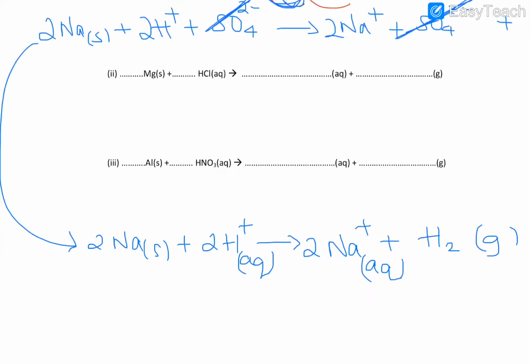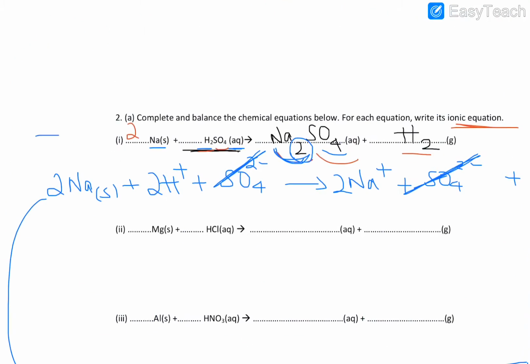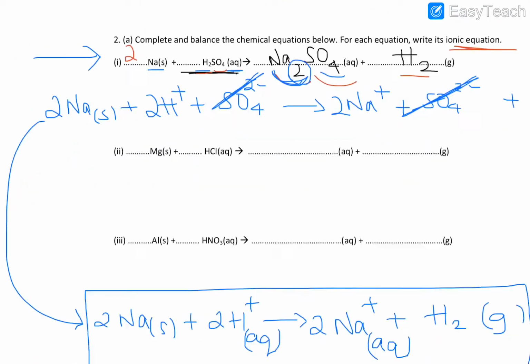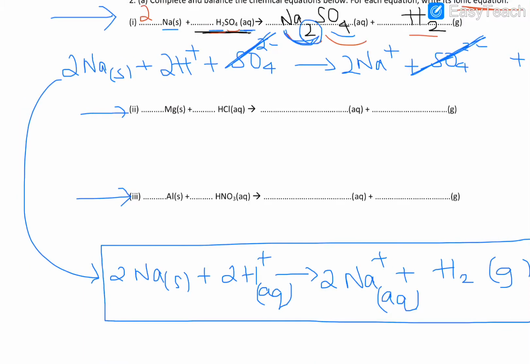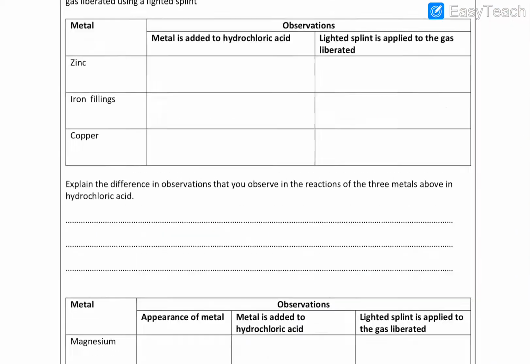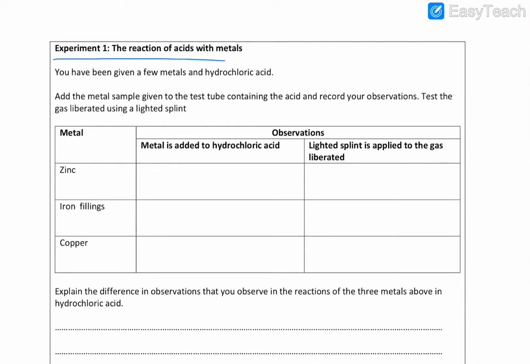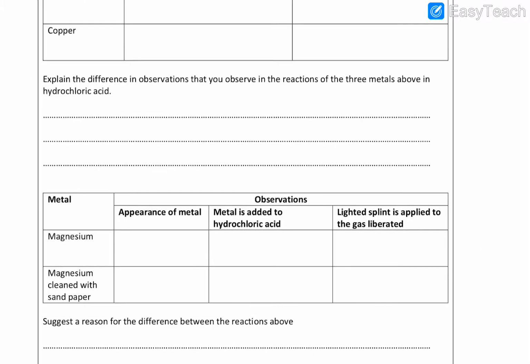So this is the ionic equation for this chemical equation. You're going to complete this one and this one as well. Now here you have an experiment. We're going to do this experiment when we meet again, and we're going to complete this as well.